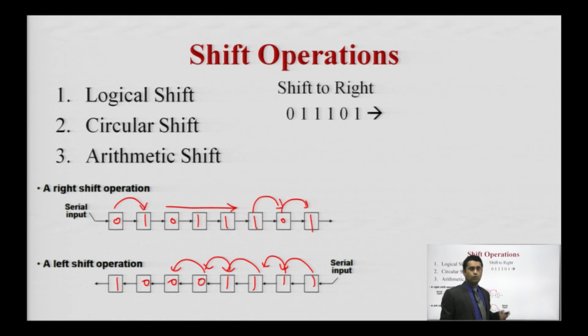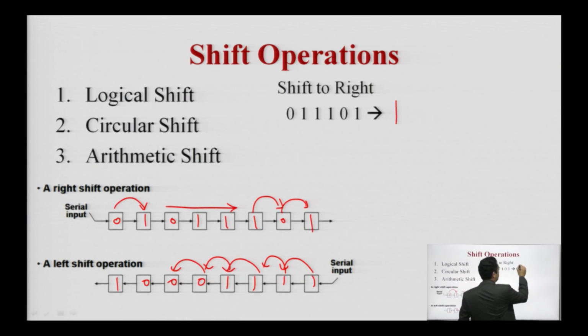So, if you do not know the difference among these, then kindly focus on this example, which will clear where we are using which shift. So, this is the basic understanding about the shift operation. If I have this number and I want to shift it towards the right, what will happen?